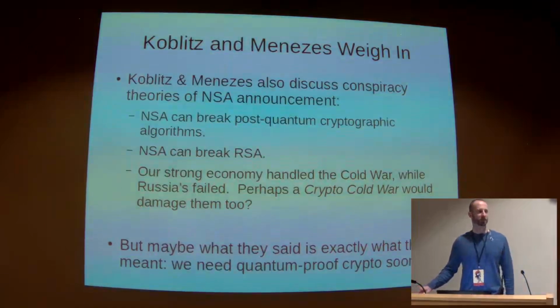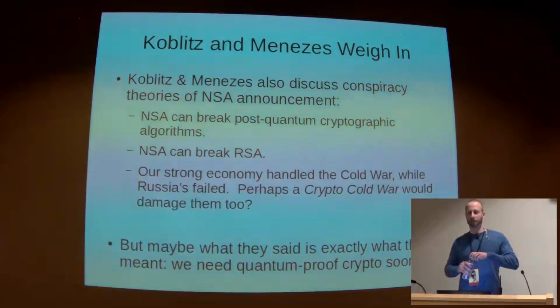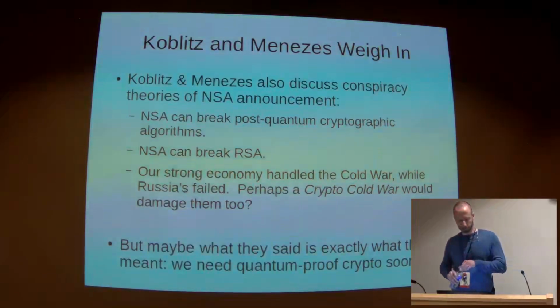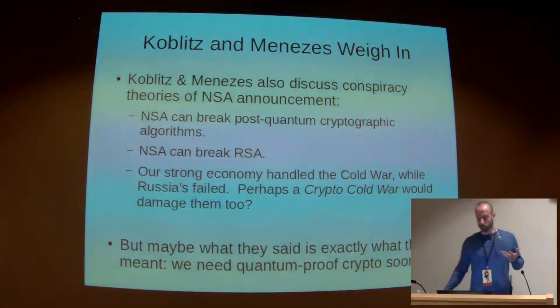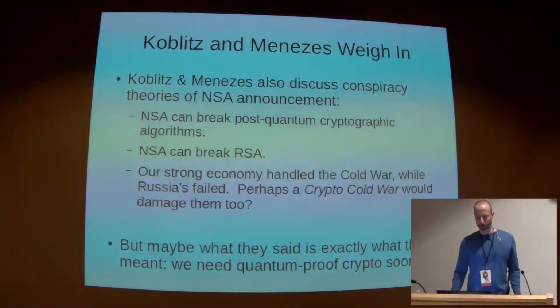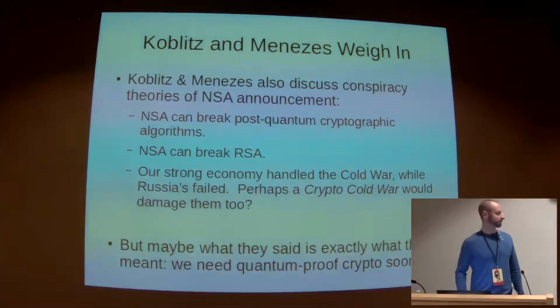That's this year's theme for BSides, crypto Cold War. But another possibility is, well, maybe what they said is exactly what they meant. We just need to move past ECC and traditional crypto to something post-quantum.